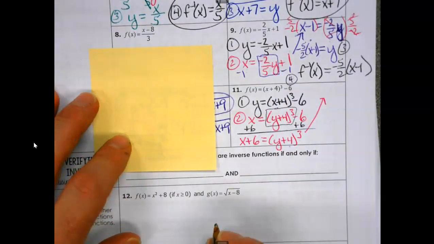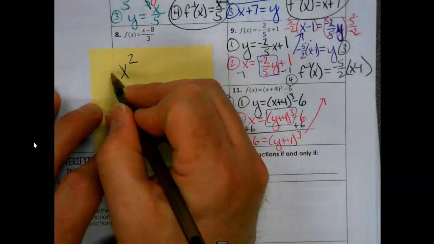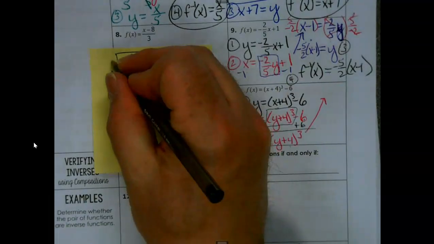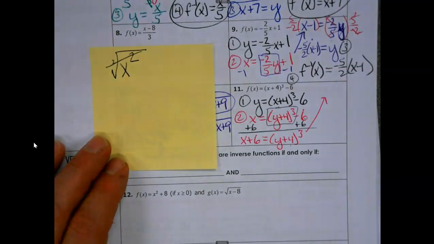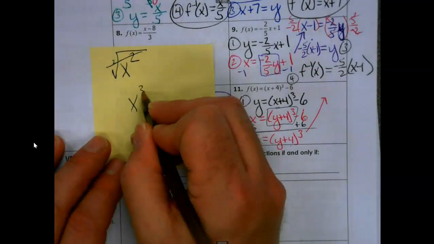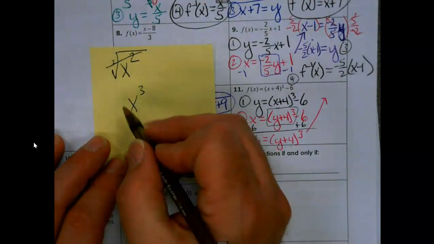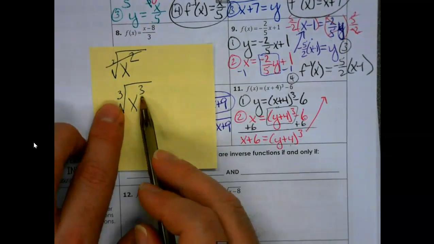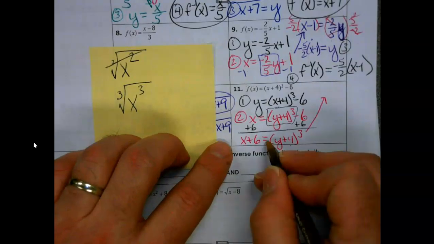So we said before, if we had a squared, we undid it with a square root, right? Because remember that little 2's out here, even though I don't see it, it's like whoosh. So now, if I'm trying to wipe out a cube, how am I going to do it? With a cubed root, because they're always going to be opposites.